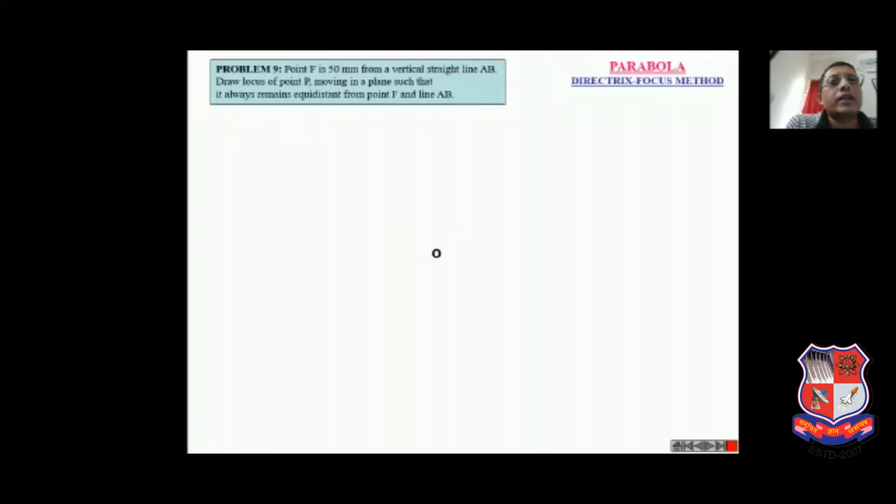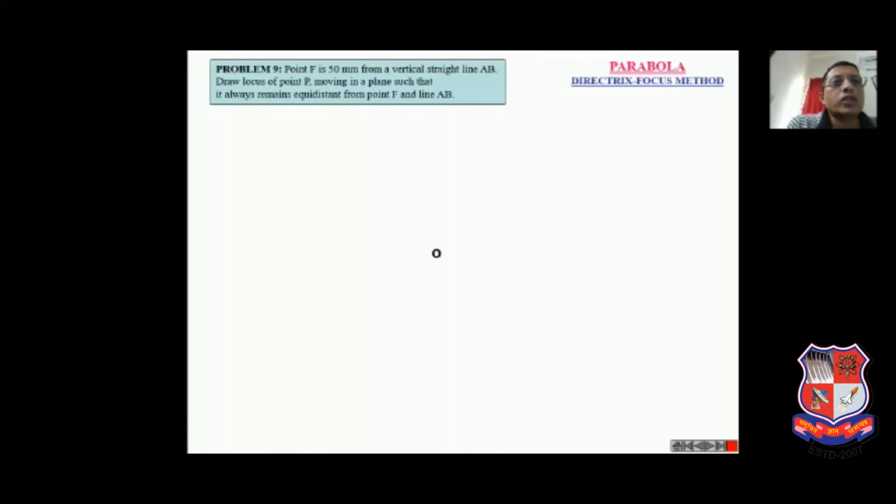Now third method is parabola by directrix focus method. So here this numerical is given to us. Point F is 50 mm from a vertical straight line AB.